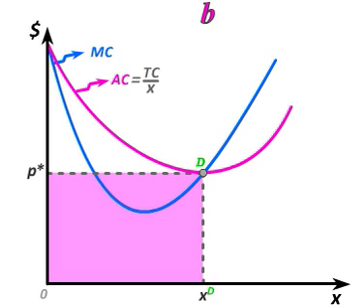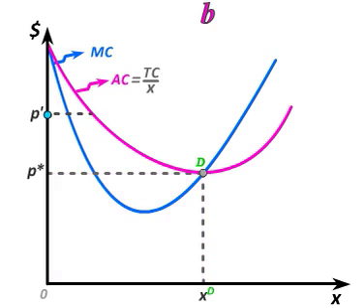If I produce XD, my average cost can be read off of the magenta average cost curve, and it's equal to P star. So my average cost is P star, which means my total cost is P star times XD, the same shaded area. Total revenue minus total cost is therefore equal to 0 at the intersection point of the marginal and average cost curves, which means that that intersection point must be happening at the break-even price P star.